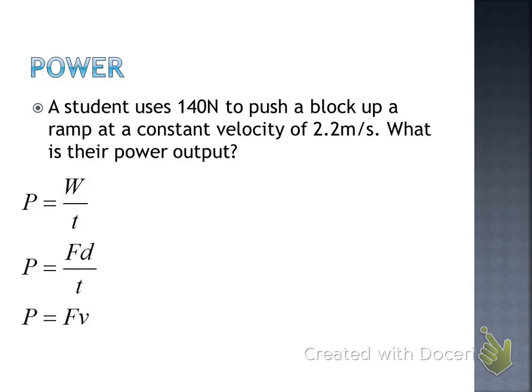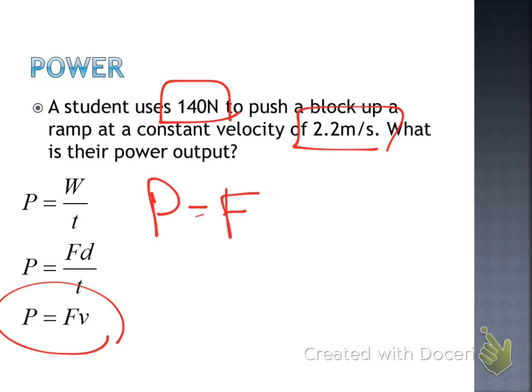Now that we've looked at all three equations, which should we use for this problem? First, second, or third equation? The third, right? Because we're given a force and we're given a velocity. We're not given the mass of the box, so we can't use kinetic energy to find work, to find power. So we're going to use force times velocity.